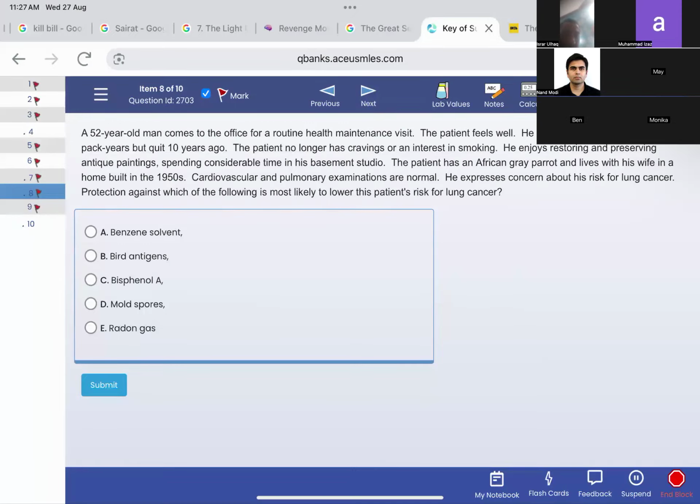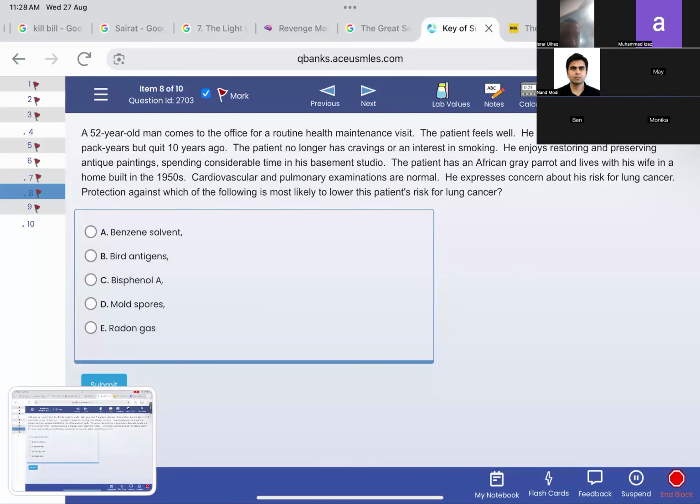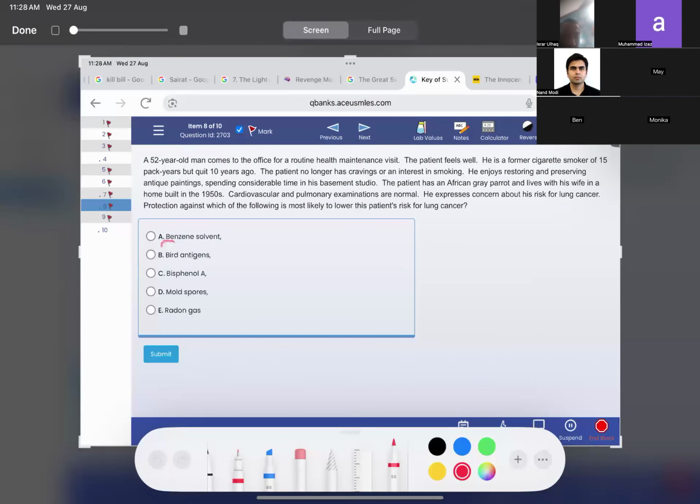It is basically a journal MCQ of miscellaneous type. So let's go through the options. What is meant by benzene solvent, and where is it present? Bird antigens, bisphenol A, mold spores, and radon gas. Basically, benzene solvent is present mostly in cigarette smoking.